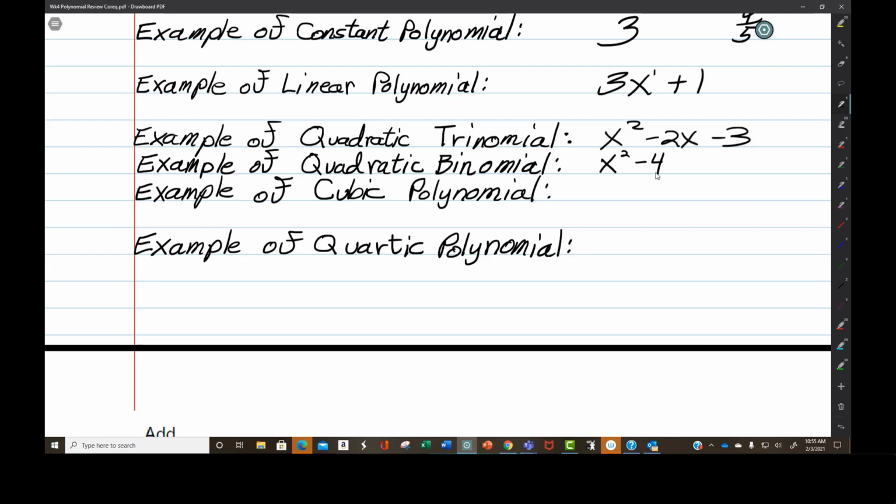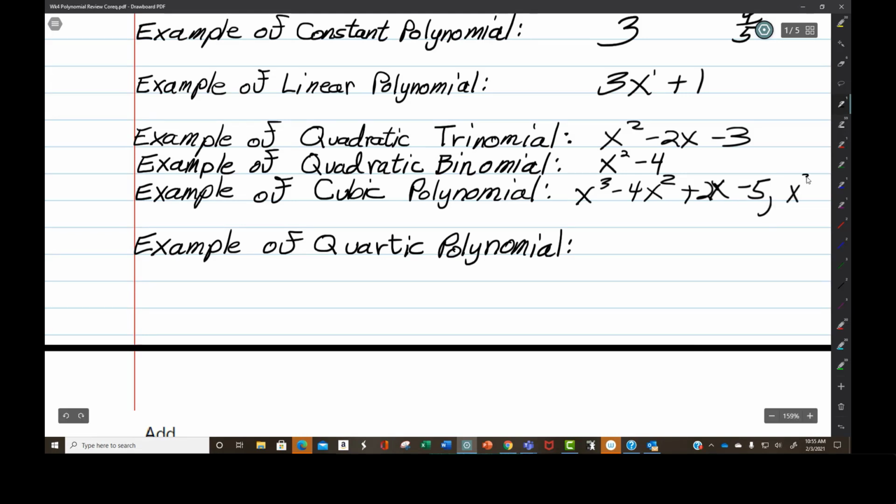And a cubic polynomial. You're going to get to know those really well. x to the 3rd minus 4x squared plus 2x minus 5. That's a cubic polynomial. Of course, I could also make a shorter one.